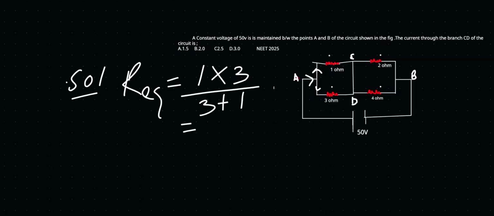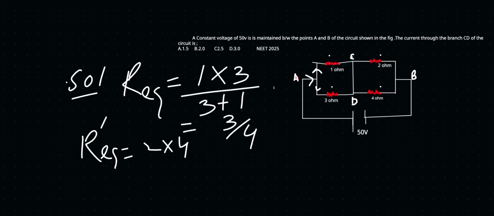Similarly, for 2 ohm and 4 ohm in parallel, take R dash equivalent: 2 into 4 divided by 2 plus 4, that is 8 divided by 6. So I'm getting two equivalent resistances, 3 by 4 and 8 by 6.